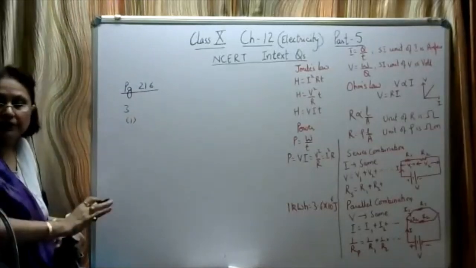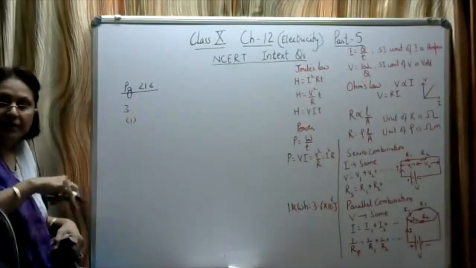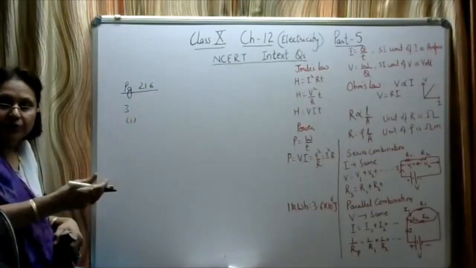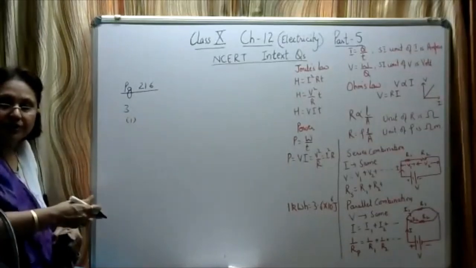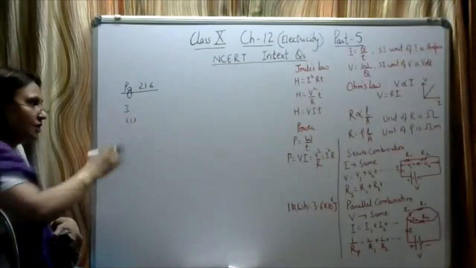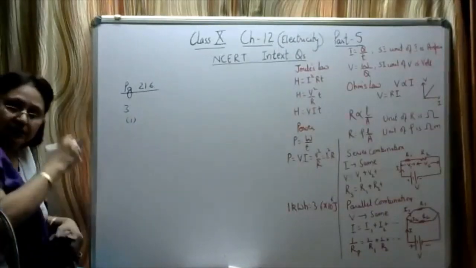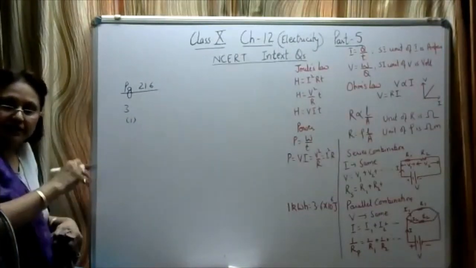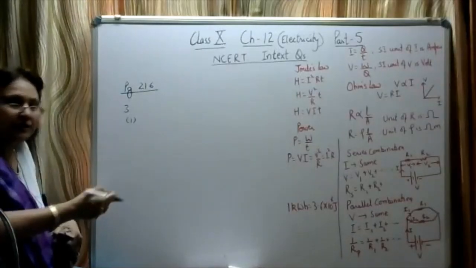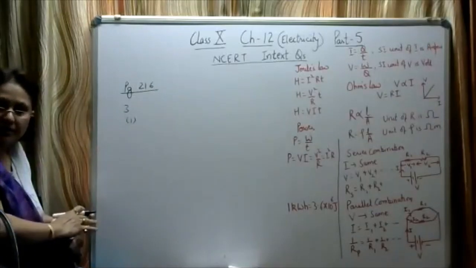Only in the parallel circuit may the current be divided in the branches, that is, the current will flow through these appliances according to their resistance. More the resistance, less current will flow through that appliance. So each appliance has a different resistance and requires a different amount of current, which is only possible in the parallel circuit.